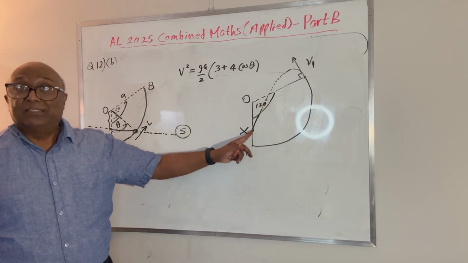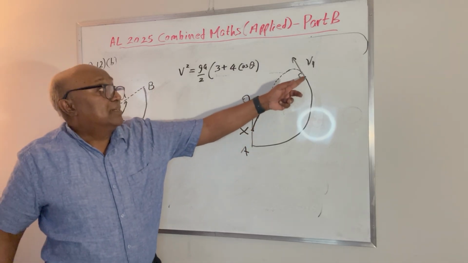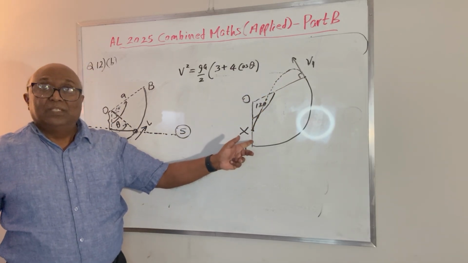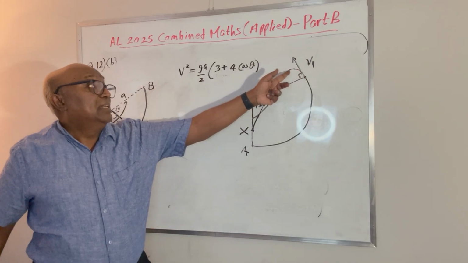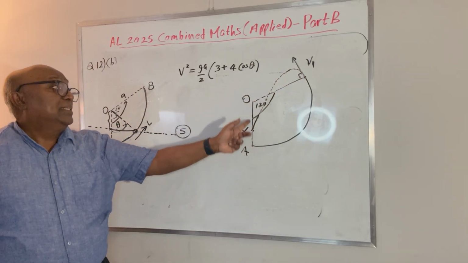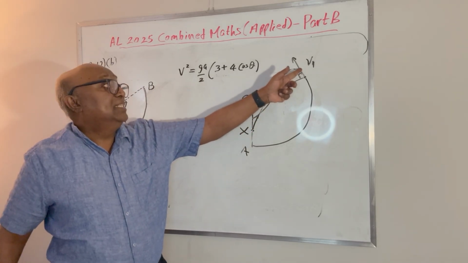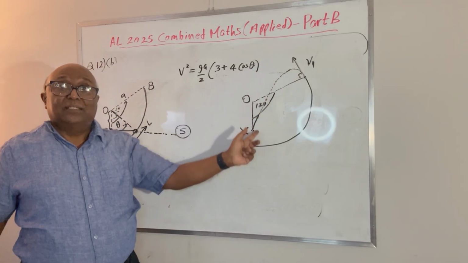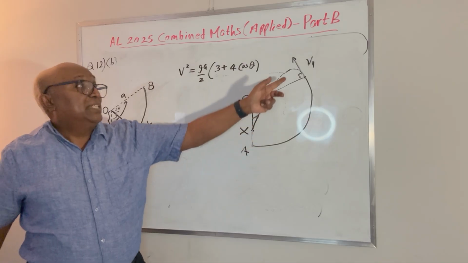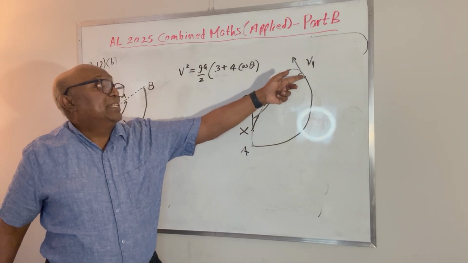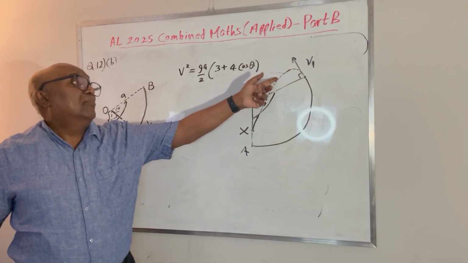What is the point X? The trajectory of the particle cuts the line OA at point X. Trajectory means the locus, simply the travel path of the particle after leaving the wire.